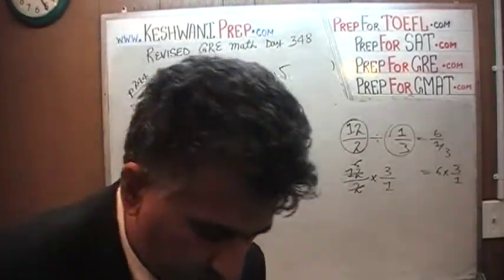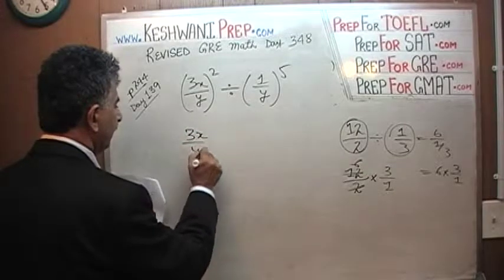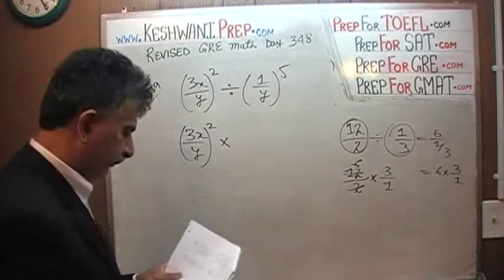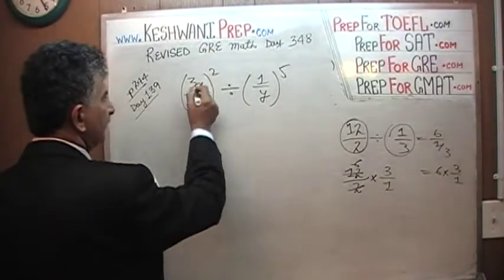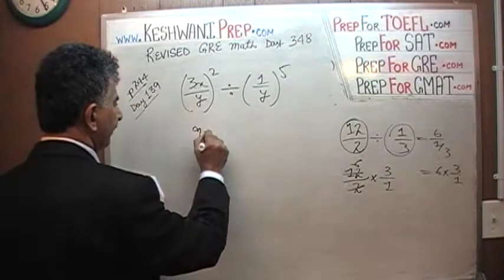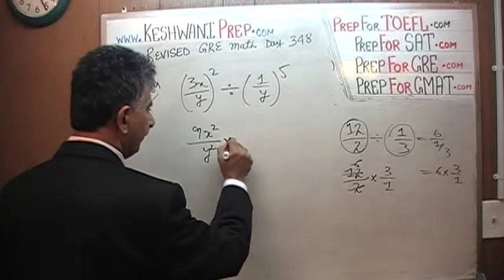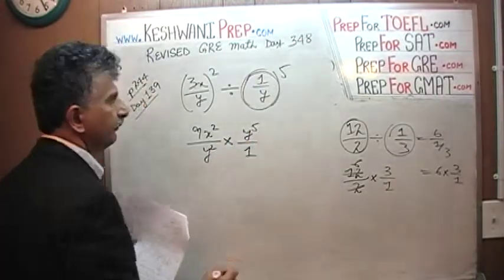We'll take the second part here, 3x over y squared times, let's open this up, 3x squared. 3 squared is 9, and we get 9x squared over y squared times y raised to 5 over 1. We take the reciprocal of this guy.